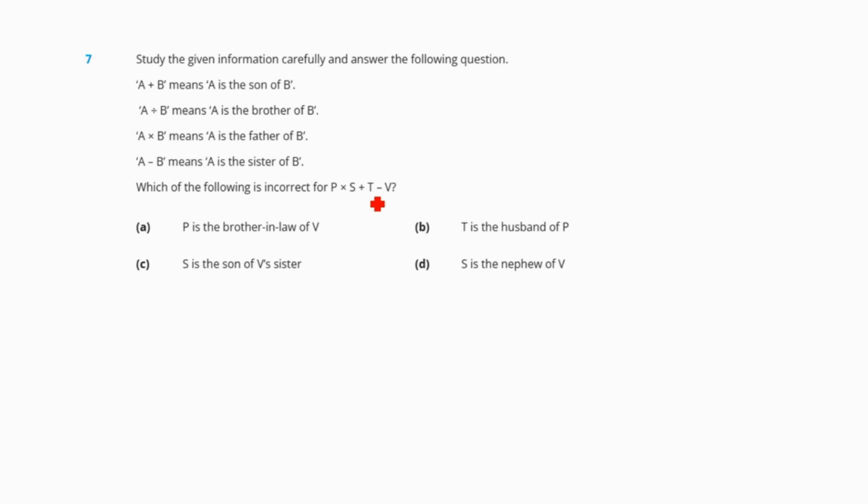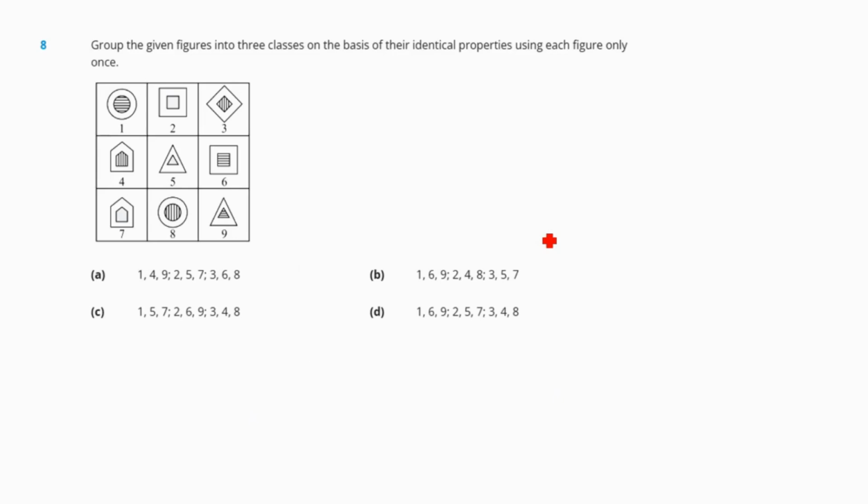So T is the wife of P, right? Thus, T is the sister of V. So who is P then? P is the brother-in-law of V and S is the nephew of V. So our correct answer is option number B. T is the husband of P.